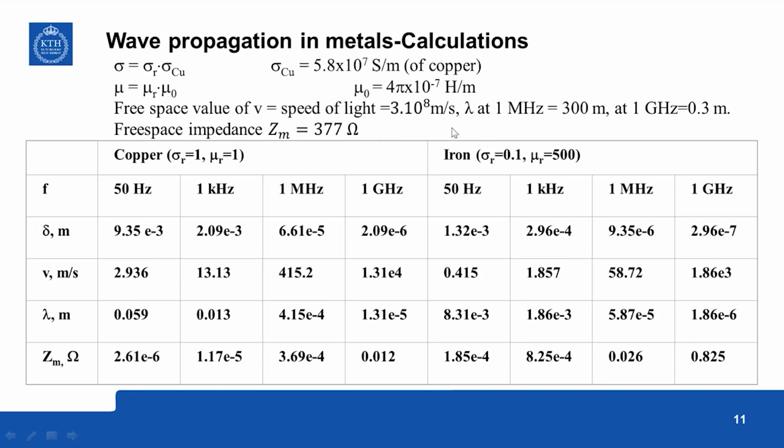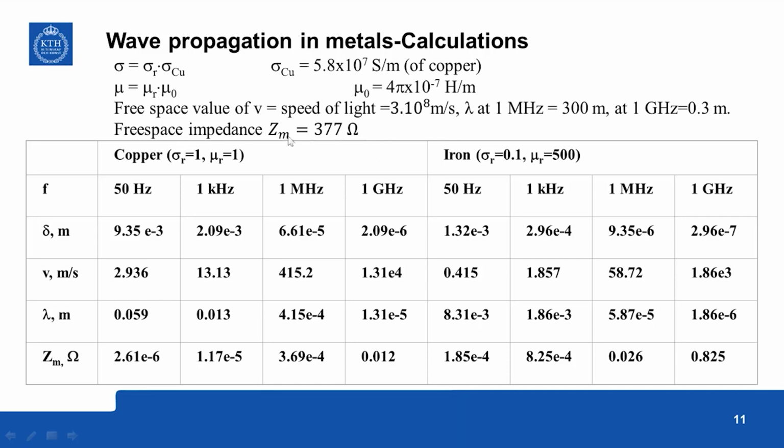So we can easily see that the wavelength at 1 megahertz is nothing but 300 meter. That is 3 into 10 to the power of 8 meters per second divided by frequency 10 to the power of 6. So you get 300 meter. So wavelength at 1 gigahertz in free space or air is 0.3 meter. Similarly, we can say that free space impedance is equal to 377 ohm.